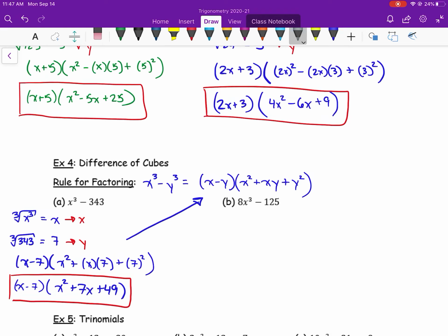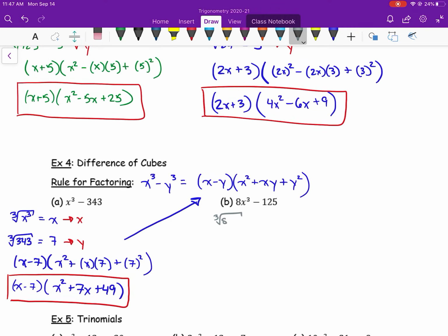All right, so cube root of 8x cubed. We did this earlier already. We know this is 2x. And the cube root of 125 is 5. So 2x is my x, and 5 is my y.